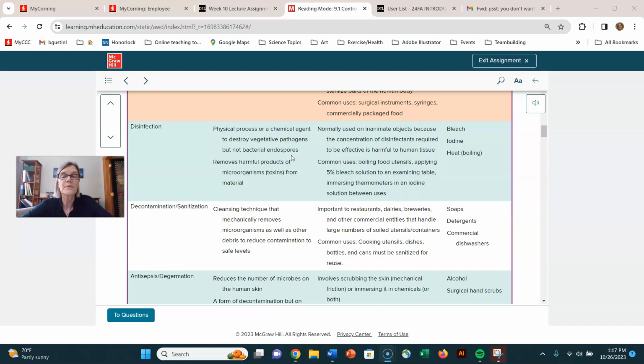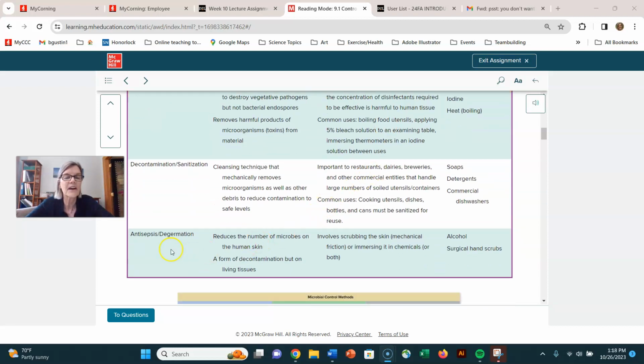And so the other thing about disinfection is typically we're talking about inanimate objects. And the reason for that is the methods for disinfection tend to be potentially harmful for living tissue. So you don't typically disinfect your skin with bleach. Sometimes we use iodine, or heat. These would be too vigorous for skin.